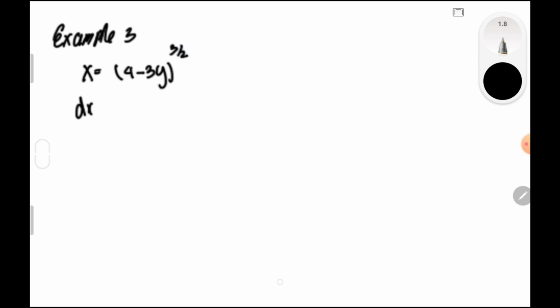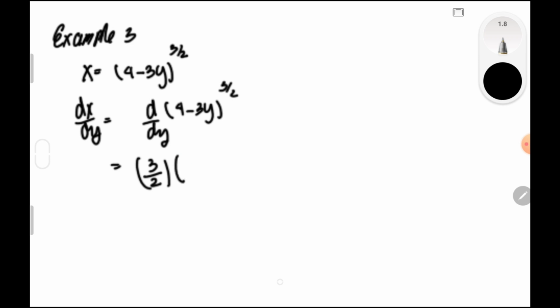So we have dx over dy is equal to the derivative of 4 minus 3y raised to 3/2 with respect to dy, in which we have 3/2 multiplied by 4 minus 3y raised to 3/2 minus 1, multiplied by the derivative of 4 minus 3y with respect to dy.